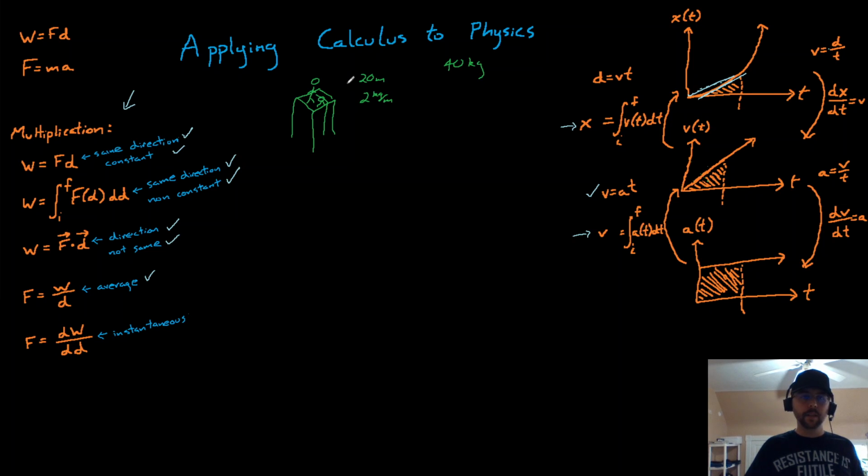So we might say that work equals force times displacement, and we might say that force equals mass times acceleration. So we're going to have work equals, we'll leave units out just for space and time, 40 kilograms times acceleration 9.8 meters per second squared times a displacement of 20 meters.